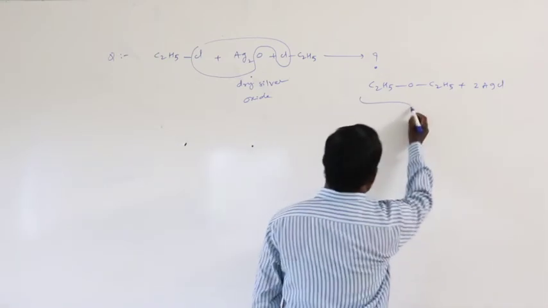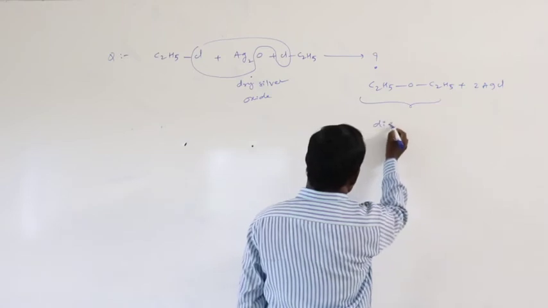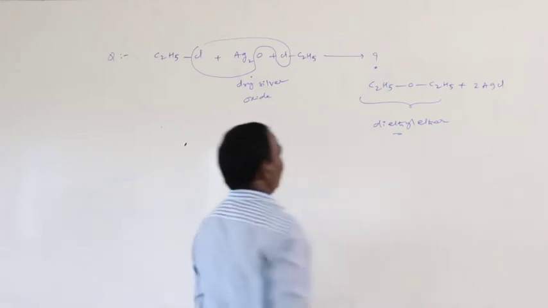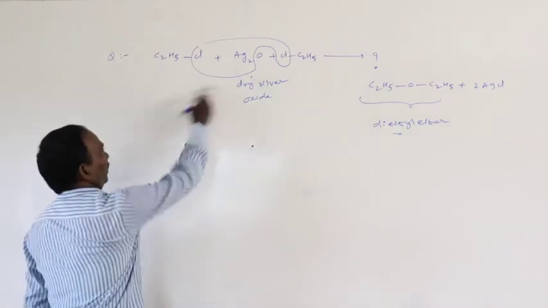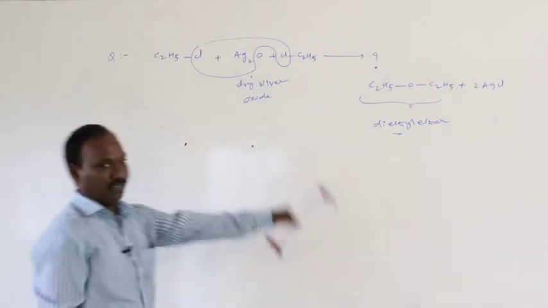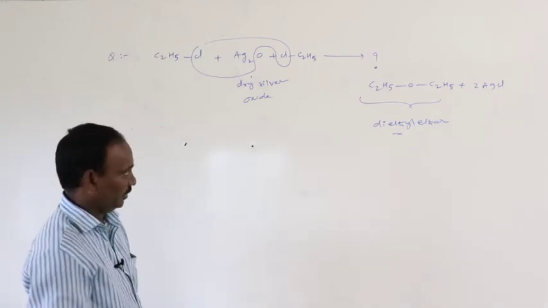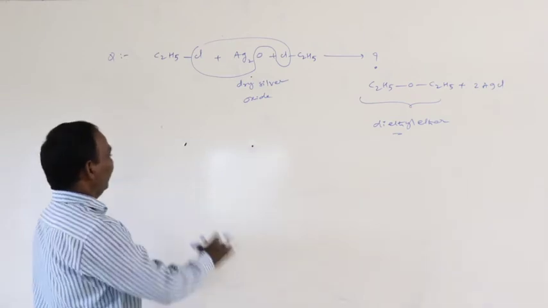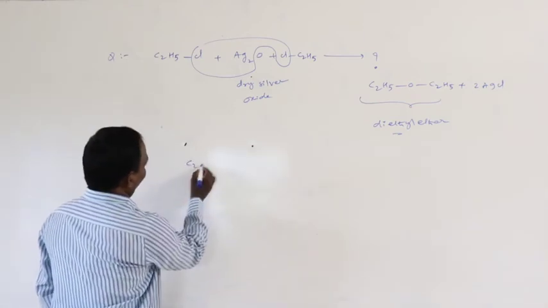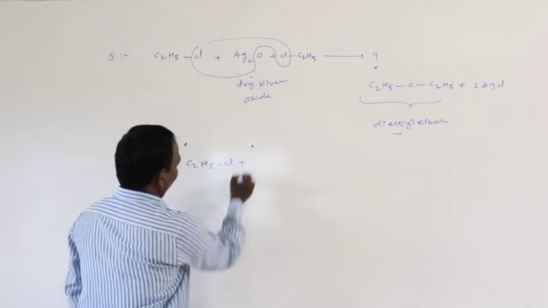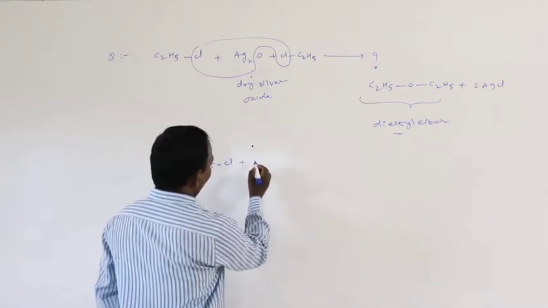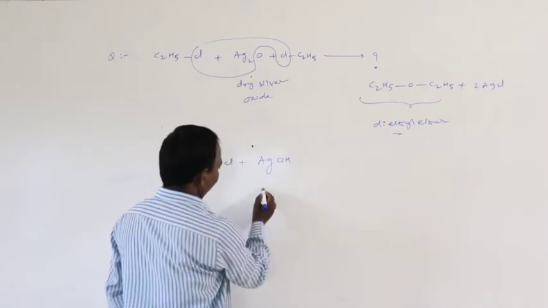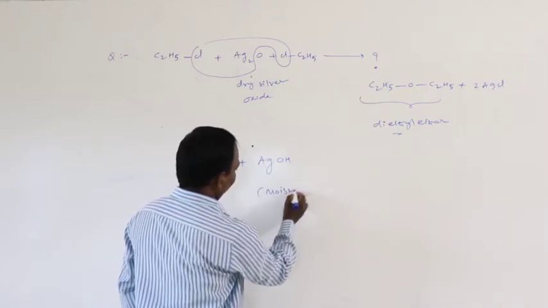Okay, its name is diethyl ether formation. Silver oxide with ethyl chloride, dry silver oxide, diethyl ether formation. If ethyl chloride C2H5Cl is treated with moist silver oxide, that means AgOH, this is nothing but moist.